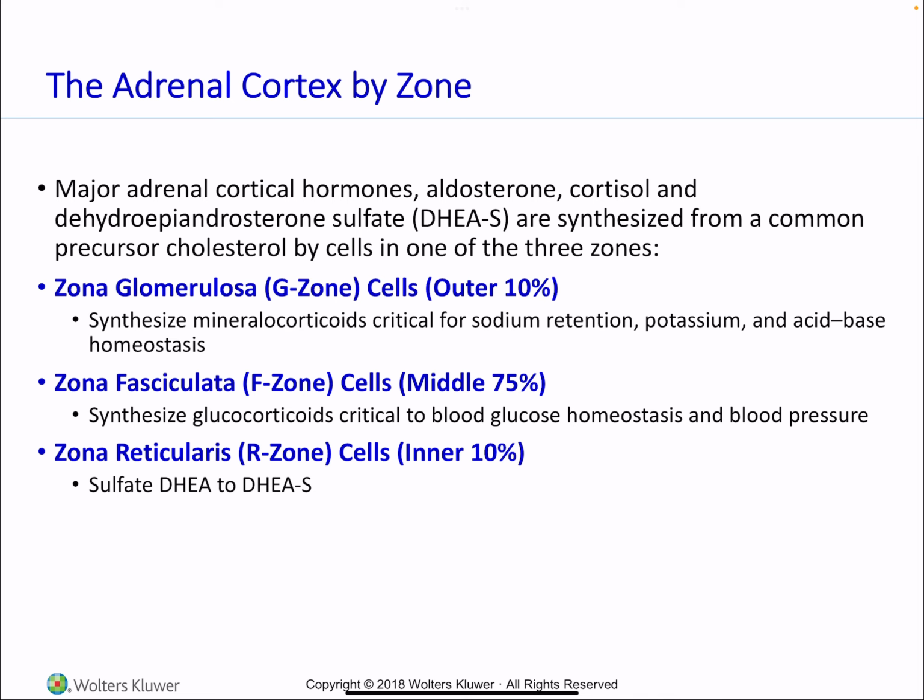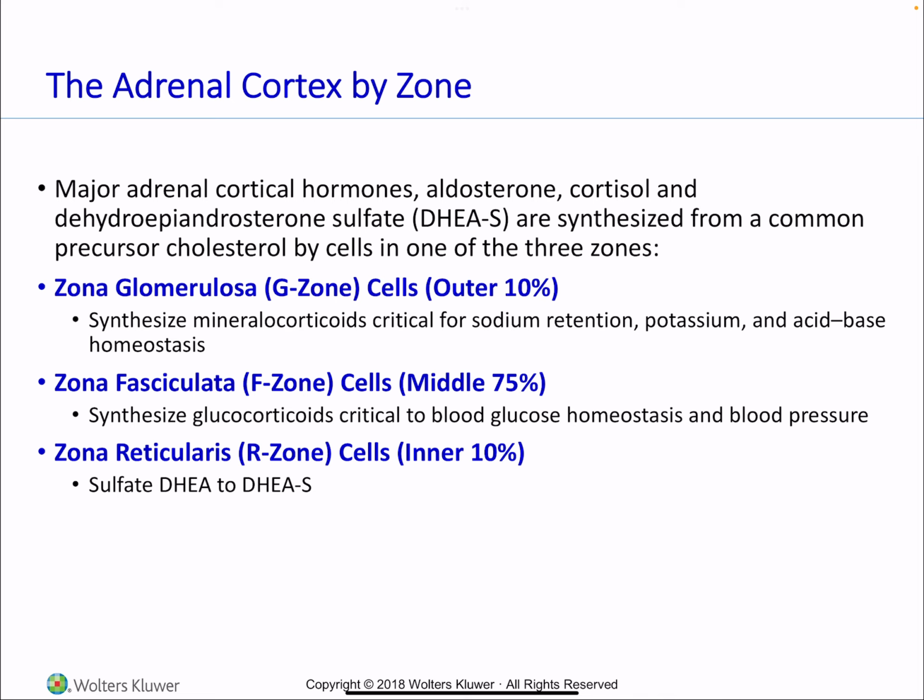The first zone is the zona glomerulosa, the G zone. This is what comprises the outer 10% of the adrenal cortex. This particular zone synthesizes mineralocorticoids that are critical for sodium retention, potassium, and acid-base balance.